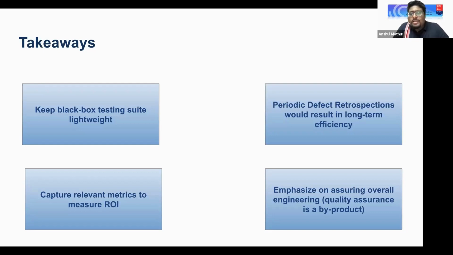Periodic defect retrospections would result in long-term efficiencies. Defect analysis is not a one-time activity, where you say, oh, I got so many bugs, let me analyze. With every release or every milestone you achieve in your team, there would be some defects. The distribution of defects across priority might change, but still, if there's a defect, it was a problem.